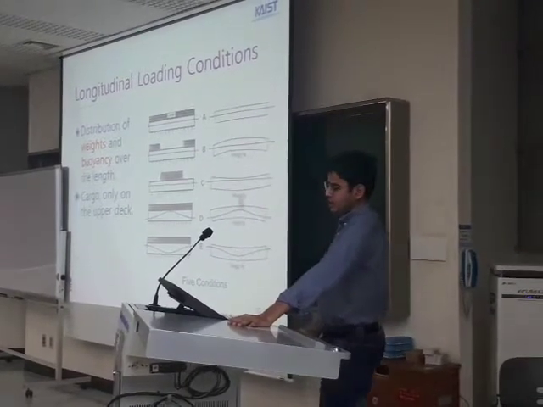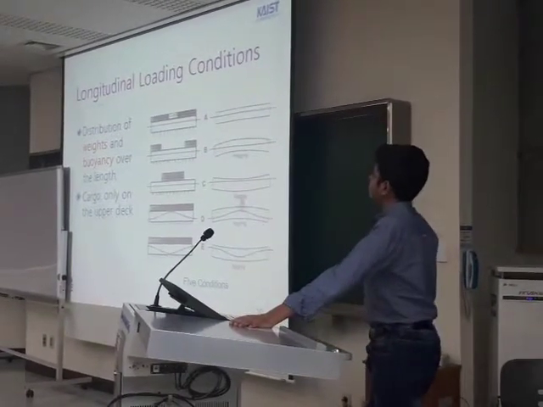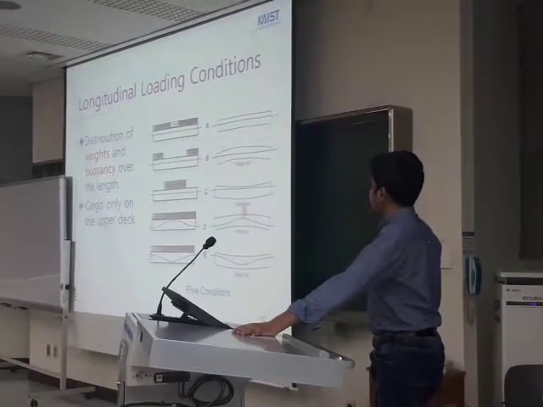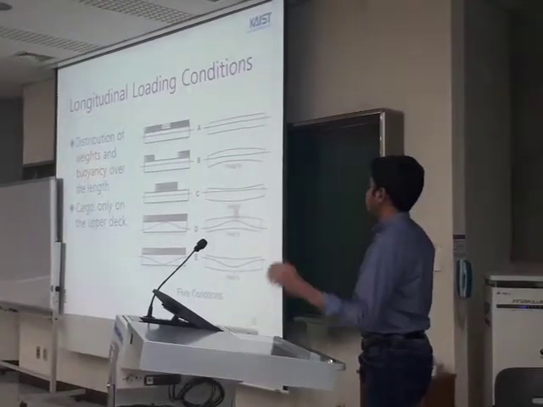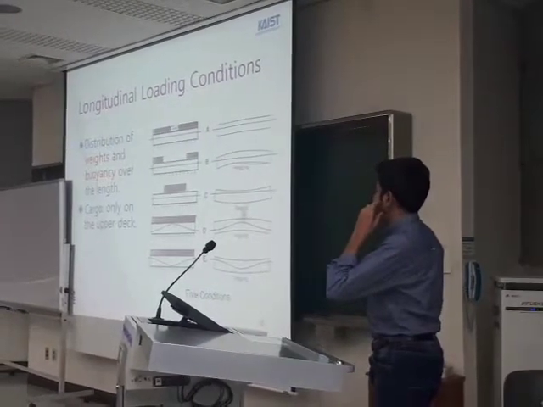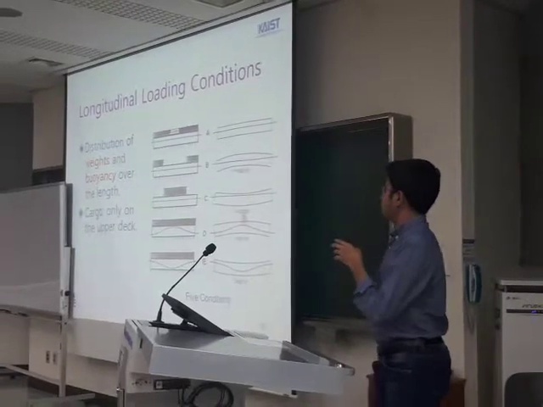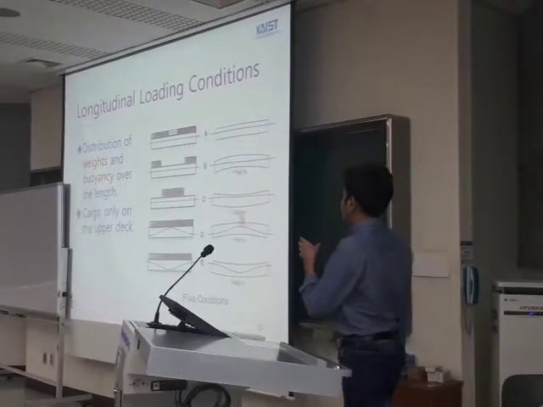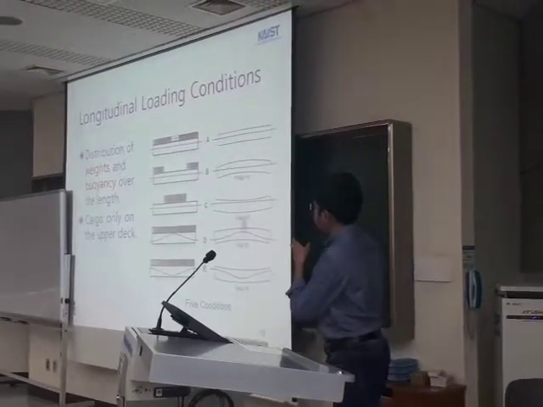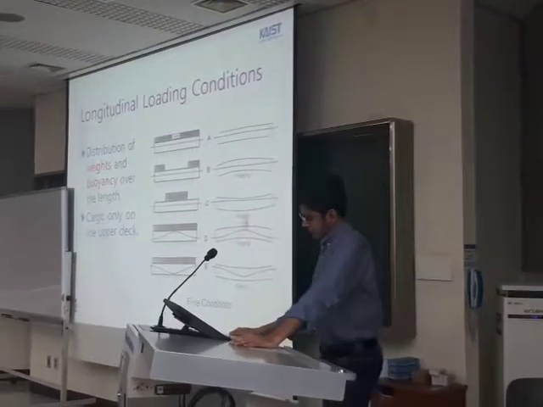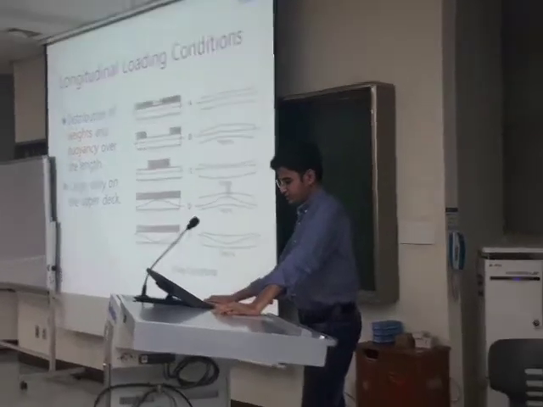Longitudinal loading conditions. Since we are considering the longitudinal strength of the ship's hull, there are 5 different conditions explained in the book. The first 3 cases are when the ship is in still water, with no waves encountered. In the first case, cargo is evenly distributed, and so are the buoyant forces.